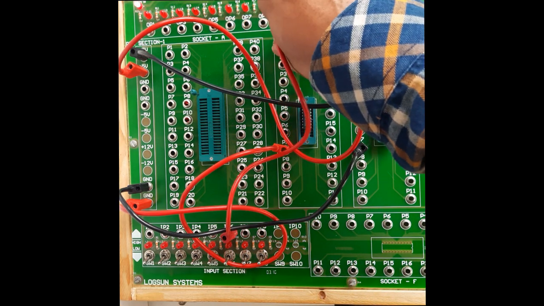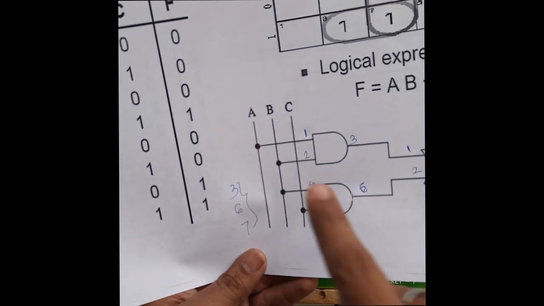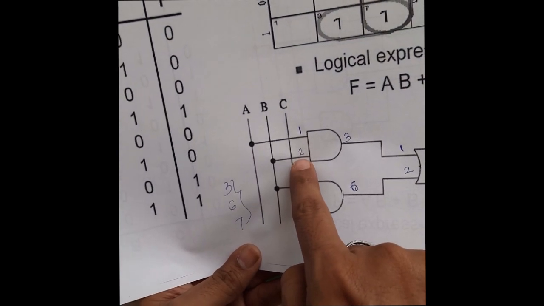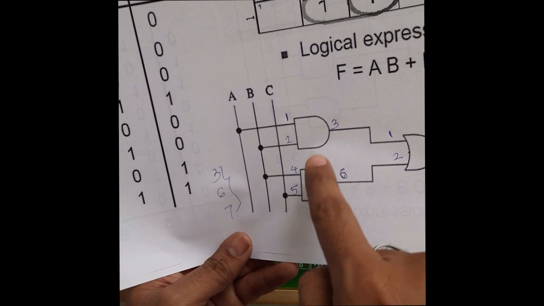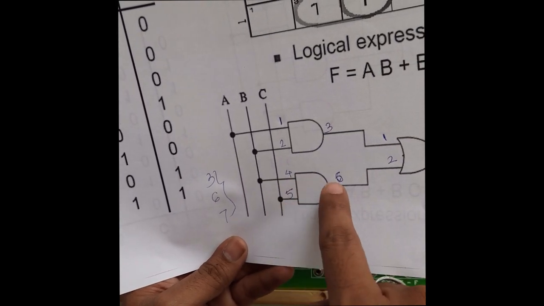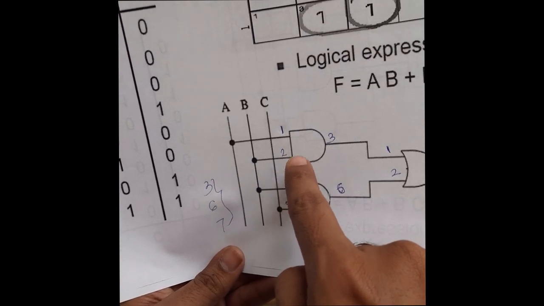I am connecting it to the first pin, because first and second are my A and B. We are getting this equation at pin number 3. 4 and 5 we are getting, that is B into C. So I am just implementing the first AND gate.